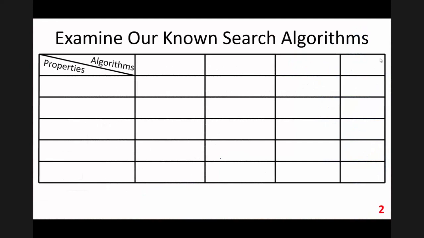All right, here, in order to help you design the data structure, I draw this chart to do comparison. Examine our known search algorithms. Here, rows, columns, algorithm properties. So that's just preparation for the data structure design.